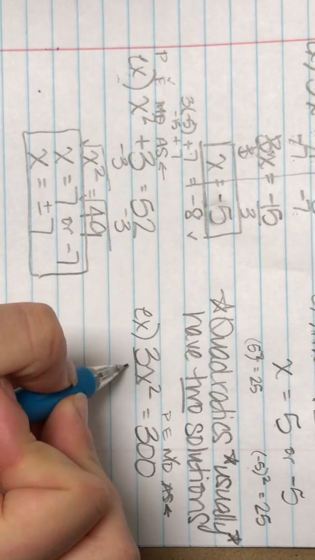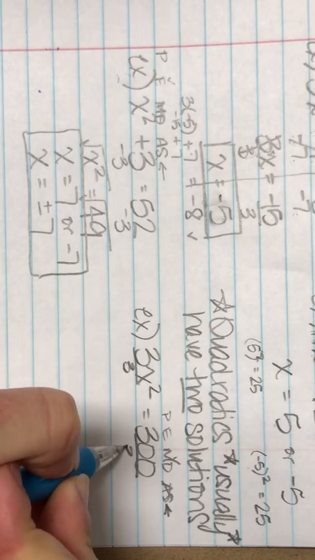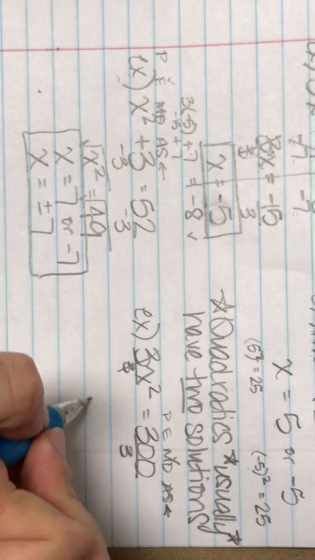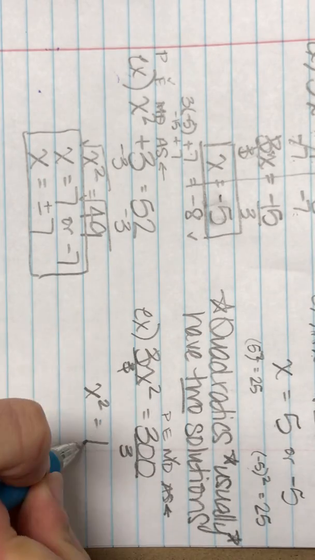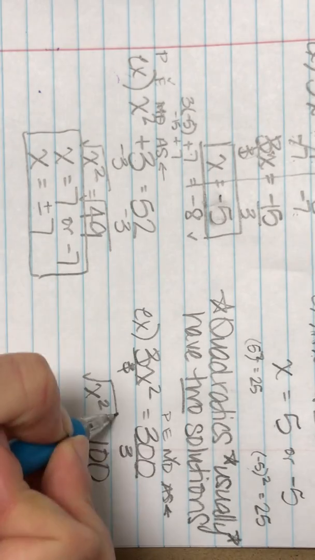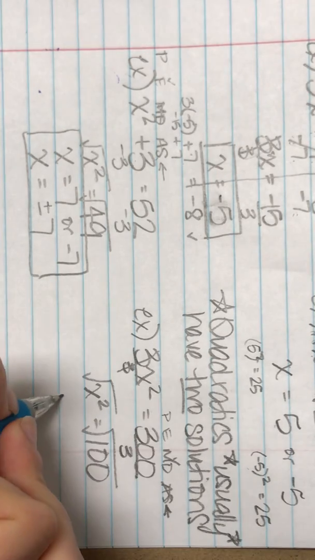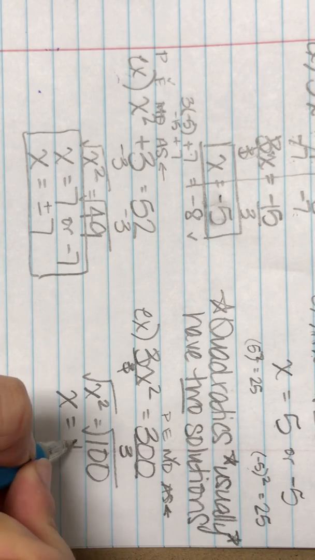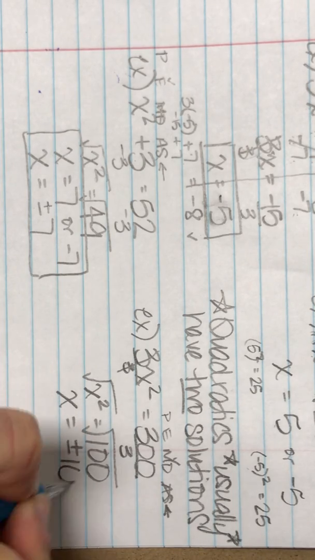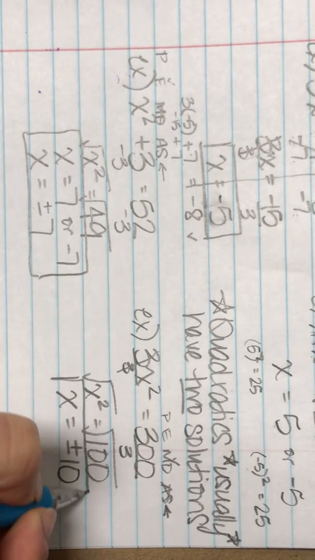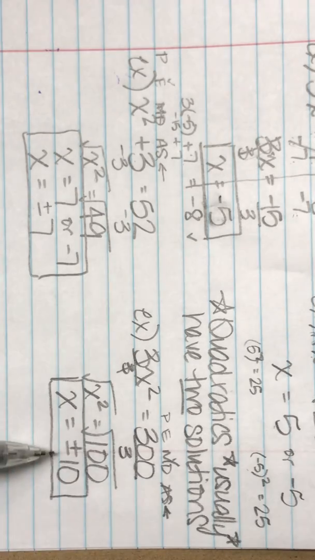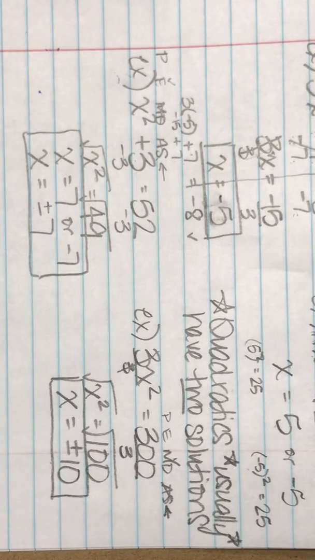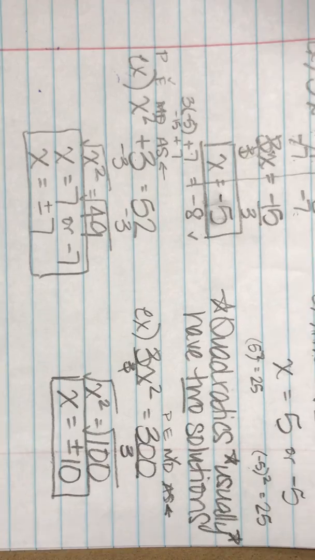The inverse of multiplying by 3 is to divide by 3. So I end up with x squared equals 100. Take the square root of both sides, and x is just plus or minus 10. A positive 10 and a negative 10. That is actually two different answers that I'm giving there. There's two solutions, not just one.